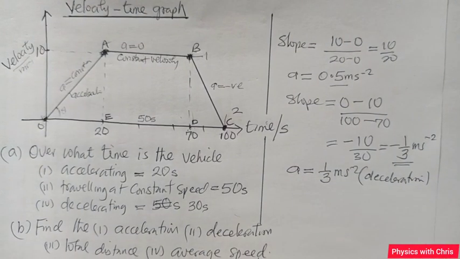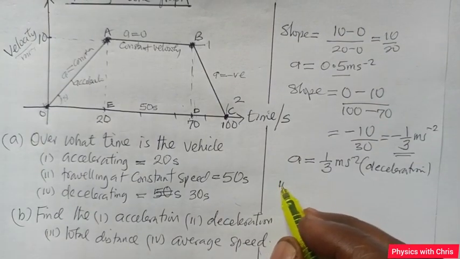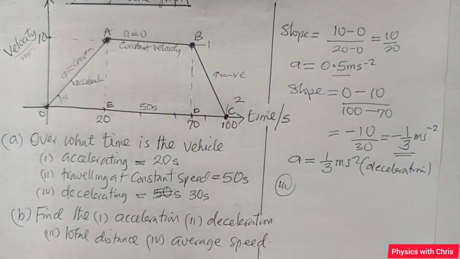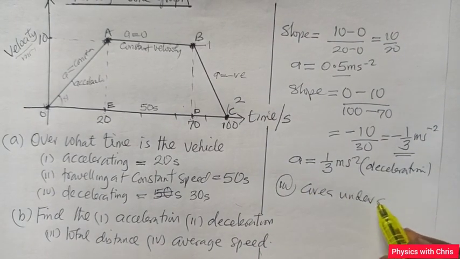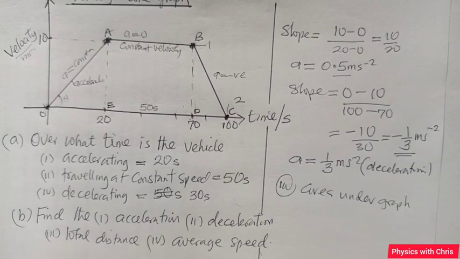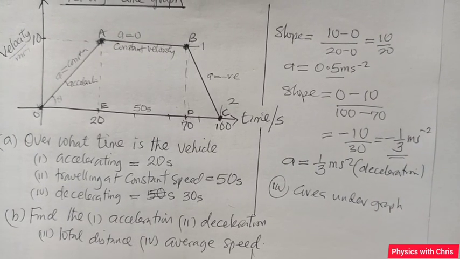Okay. Now, the total distance covered. The total distance covered is given by the area under the graph. Area under the graph represents the total distance covered. And the shape of this graph is that of a trapezium.